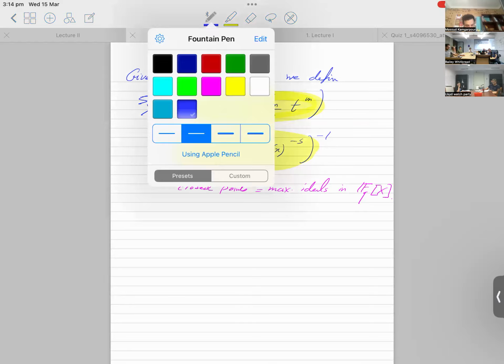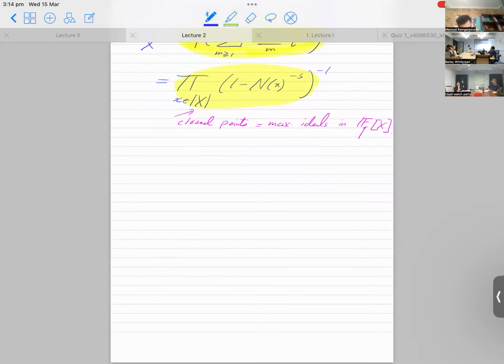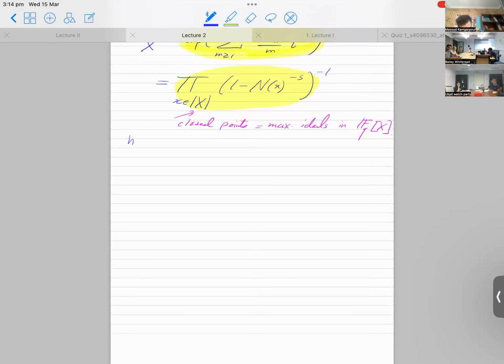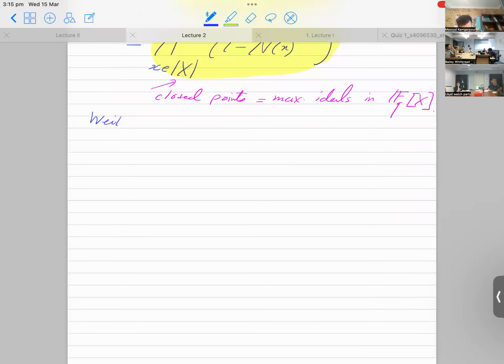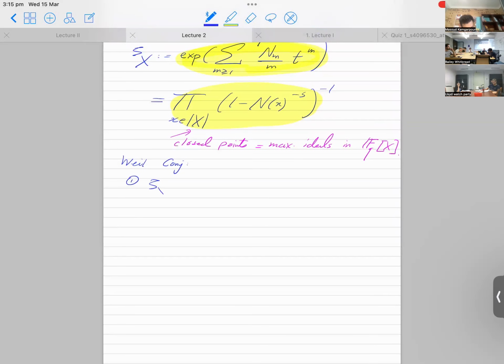Okay, so now that we have our zeta function in a motivated way, let's state the Weil conjectures, which are the Riemann package for this zeta function. So first of all, zeta of X is a rational function of the following form.